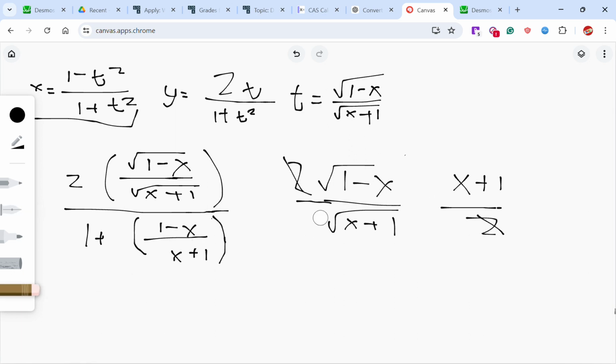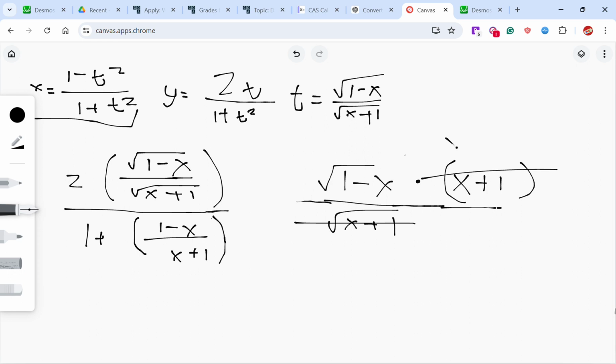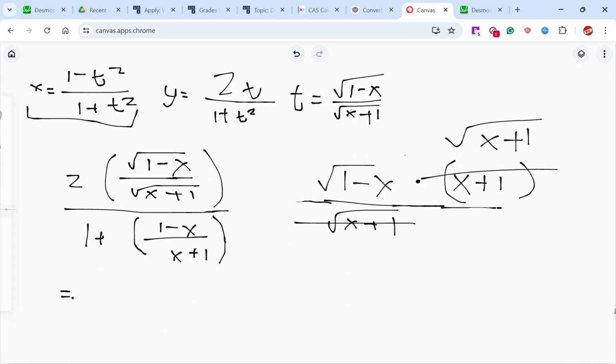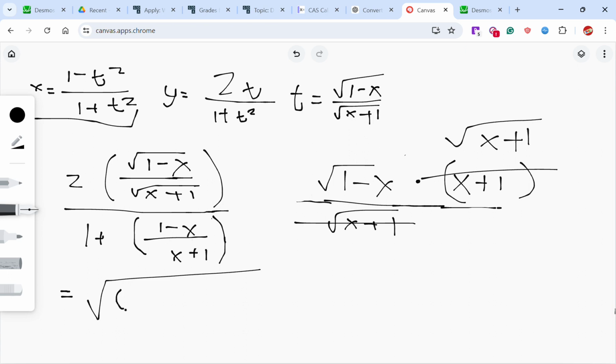So we're just going to do some modification to this. Times that. Erase these 2's because they've been canceled. And then from there, you can get rid of this. So square root of x plus 1, and you divide that by this. This is equal to square root of x plus 1. And that equals, if you multiply those together, 1 minus x over x plus 1.